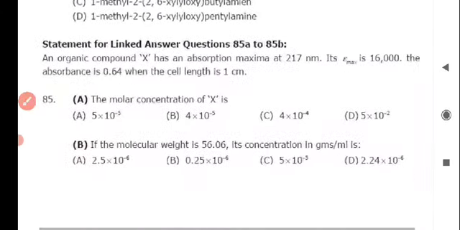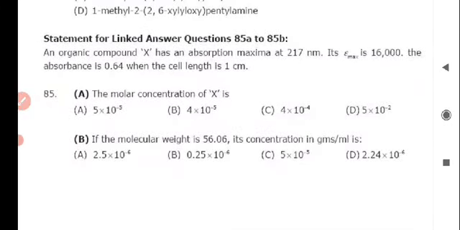Moving to the next question. The statement is, an organic compound X has an absorption maximum at 217 nanometer. Its epsilon max is 16,000 and the absorbance is 0.64 when the cell length is 1 centimeter.